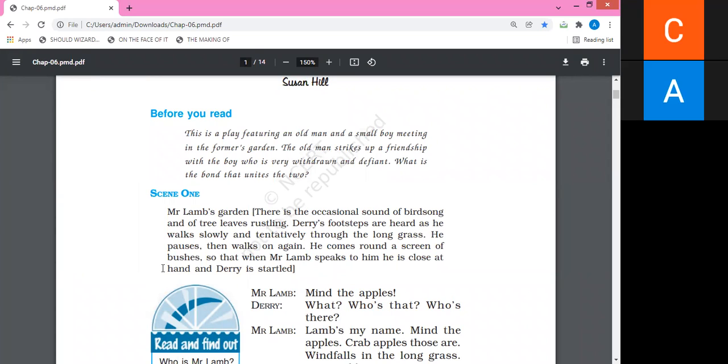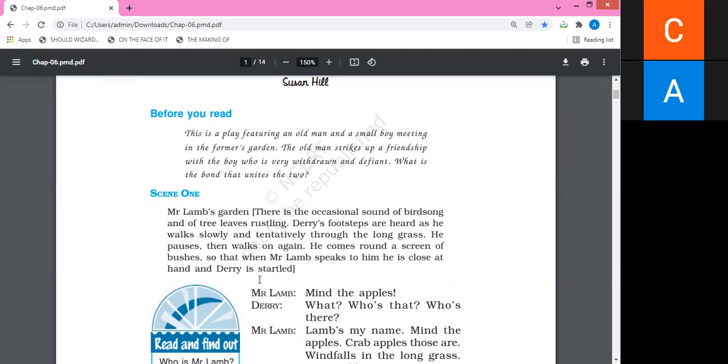Very clear up to this point. Close at hand, figurative language. A person is able to recognize the meaning of this idiom only if he or she is able to peep deep into it. Very clear. And there is shocked. Startled here means shocked. Very clear up to this point.